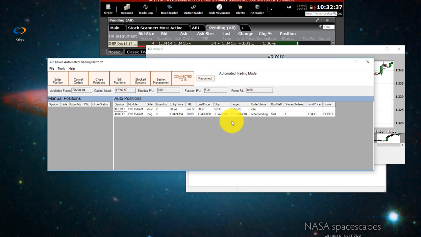So here we got a fill. It hit the target. So now this converted to the second target, which is going to be 20 ticks above here. So that's 1.3424. So the second target is 1.3444, and the stop is now tightened. It's now 4 ticks from the high.